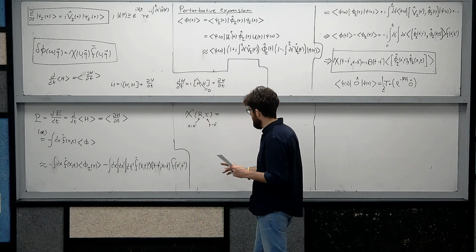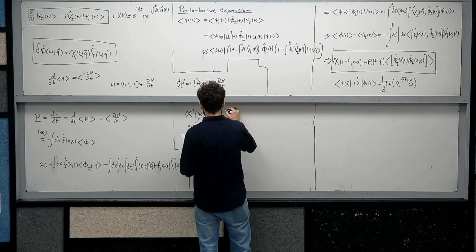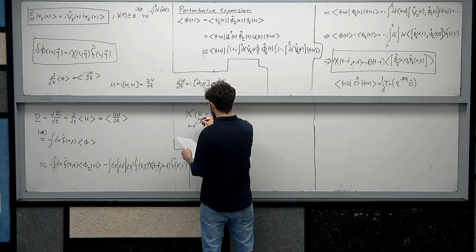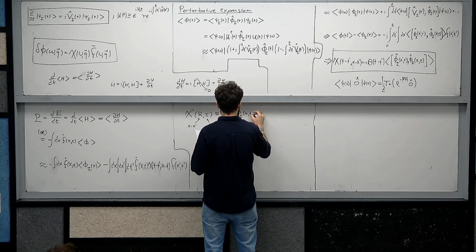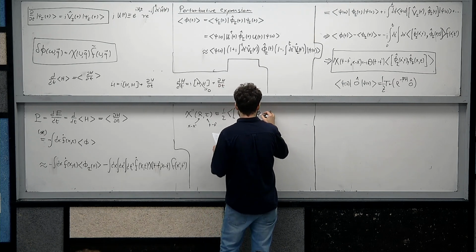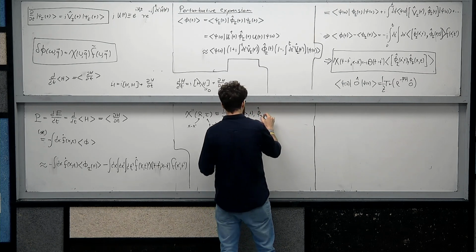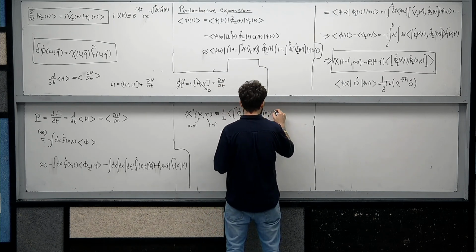I define this chi double prime to be 1/2 the expectation value of the commutator of phi_I of x and t with phi_I of x prime and t prime.